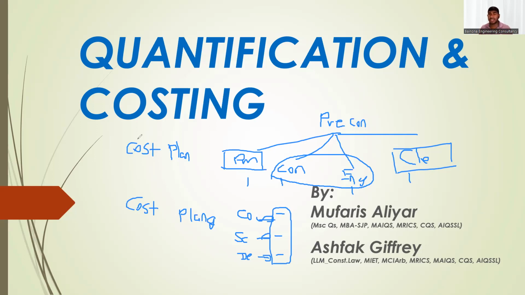And there is another procurement in the bigger picture. That is project procurement, which means our entire project. Let's say the construction of a 5-star hotel building. So the entire project procurement is also a procurement.